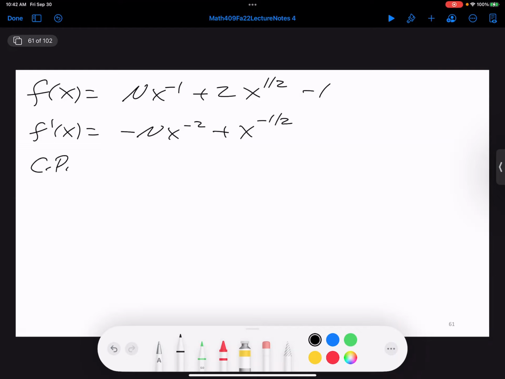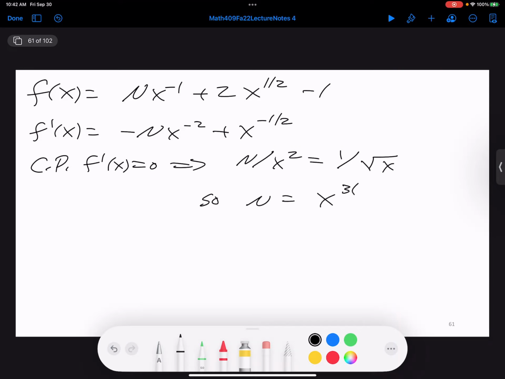So the critical point, we want f prime of x to equal 0. Therefore, n over x squared equals 1 over the square root of x. So n equals x to the 3 halves. So x is equal to n to the 2/3.